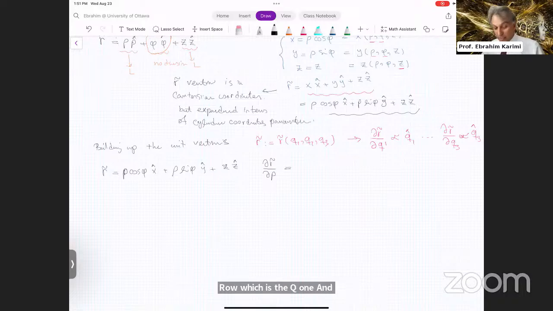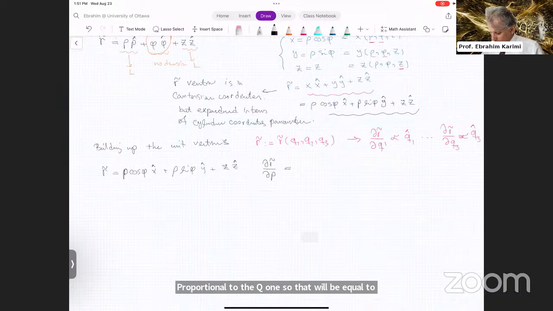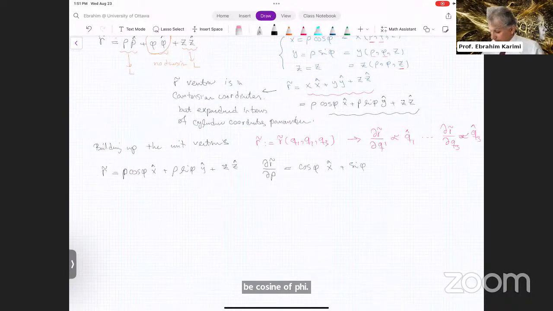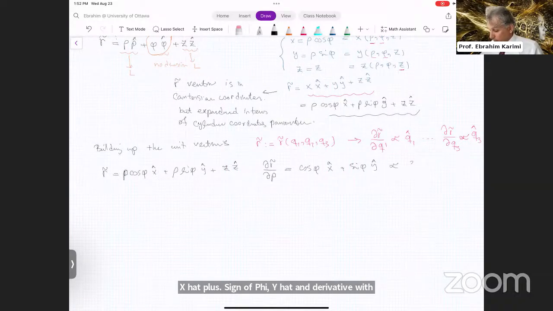What I should get is something proportional to q1. That will be equal to the derivative of rho cosine of phi with respect to rho, which is cosine of phi x hat plus sine of phi y hat, and the derivative of z is equal to 0. And this should be proportional to q1, which is equal to rho hat.